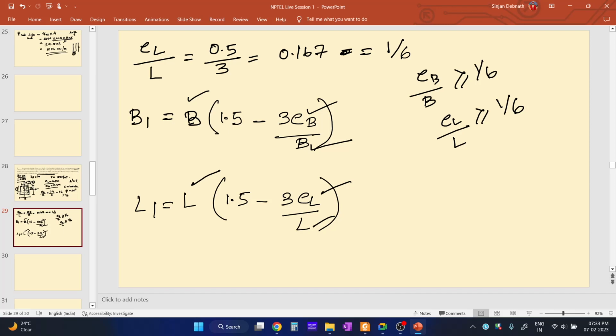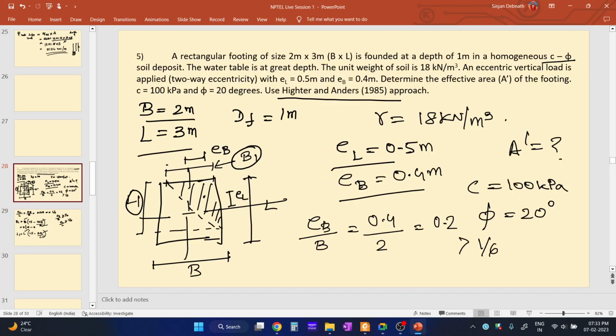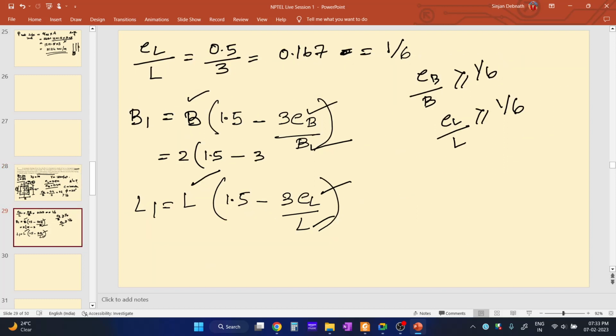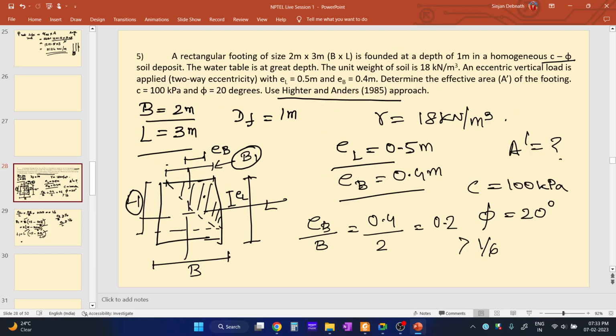Let's put the values. B is 2 meter, 1.5 minus 3 into EB by B. What is EB? EB is 0.4. What is B? 2. And what is L?